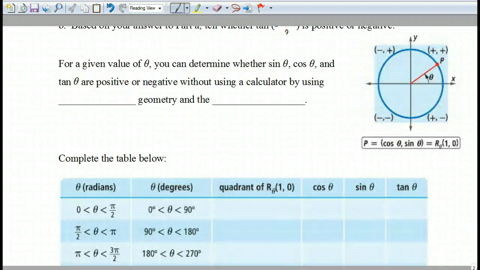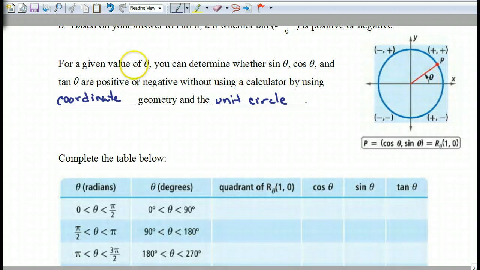For the given value of theta, you can determine whether or not the sine theta or cosine theta or tangent are positive and negative without using a calculator by using coordinate geometry and the unit circle. So here's our circle on the right.